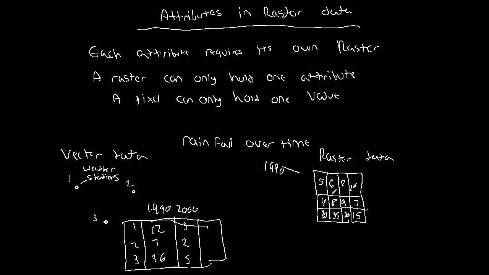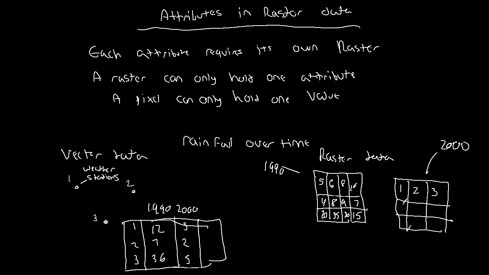We can't just add another value. What we have to do is duplicate this entire structure. So we now have a 2000 raster with values in it. Since it was a drier year, we'll keep the values kind of low. Maybe this area had a little bit more rainfall.